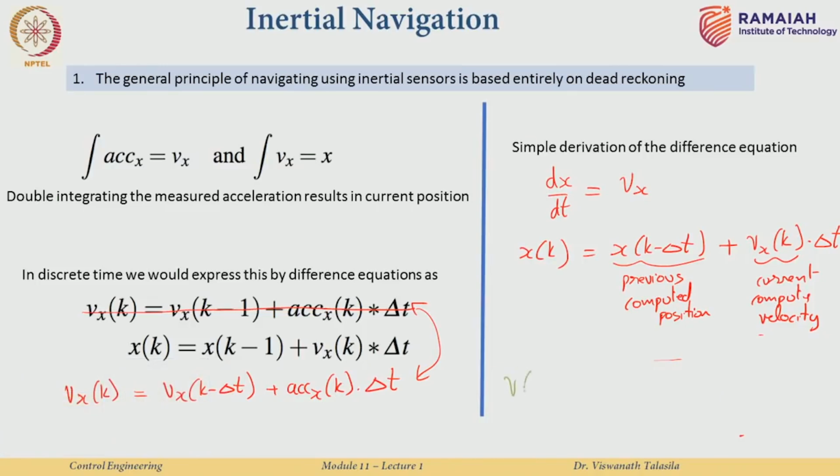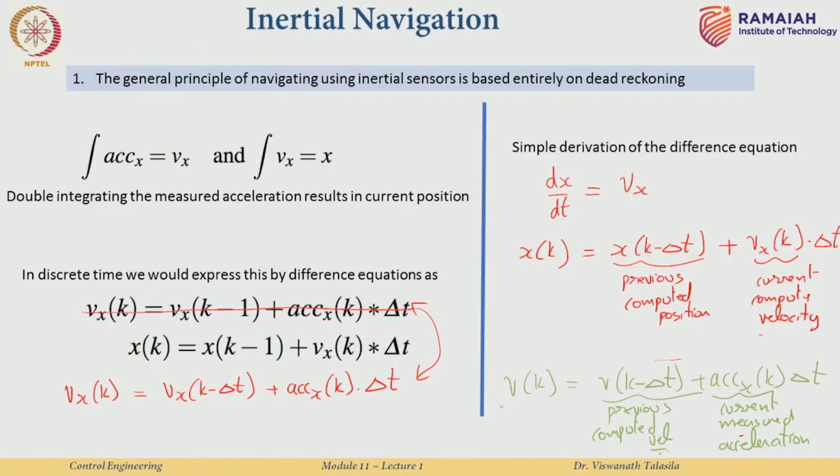There we had V(k) equal to V(k − Δt) plus ACCx(k) times Δt. So, this was the previous computed velocity, and this is the current measured acceleration by the accelerometer.